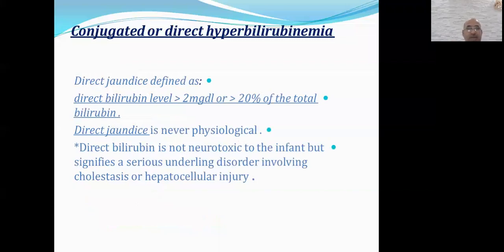Here we can talk briefly about direct bilirubin. Direct bilirubin level, of course, when 20% of the total bilirubin is direct. When 20% of the bilirubin is direct, it means I deal with the case of direct bilirubinemia.